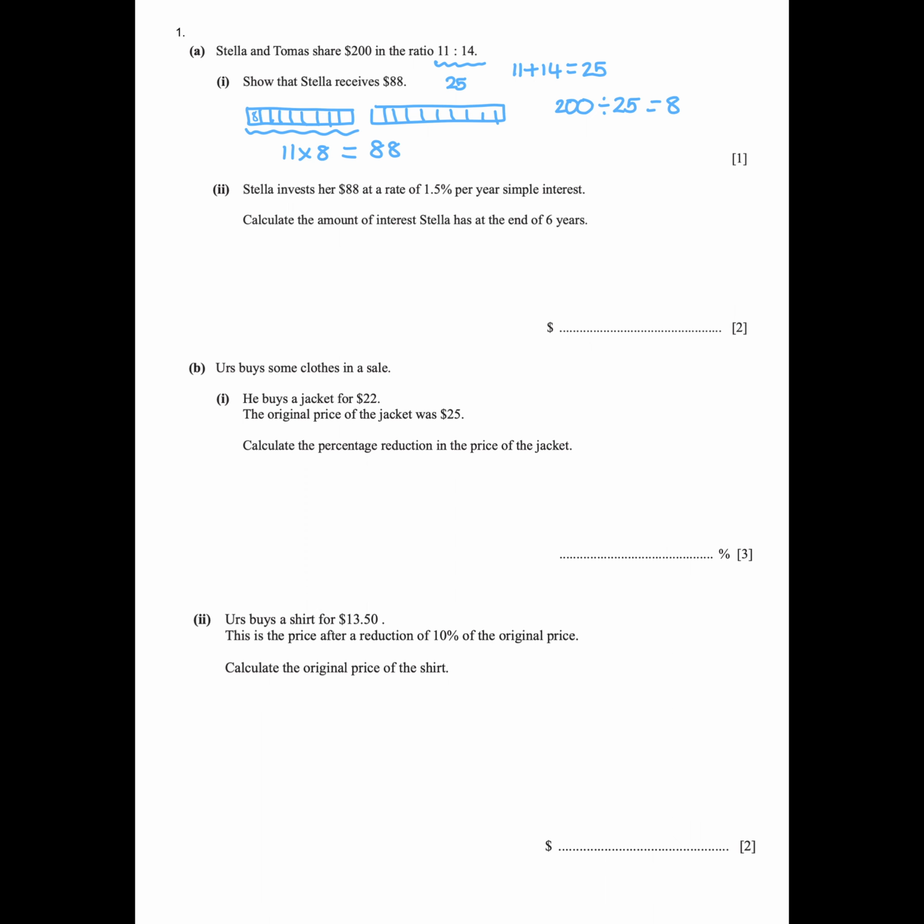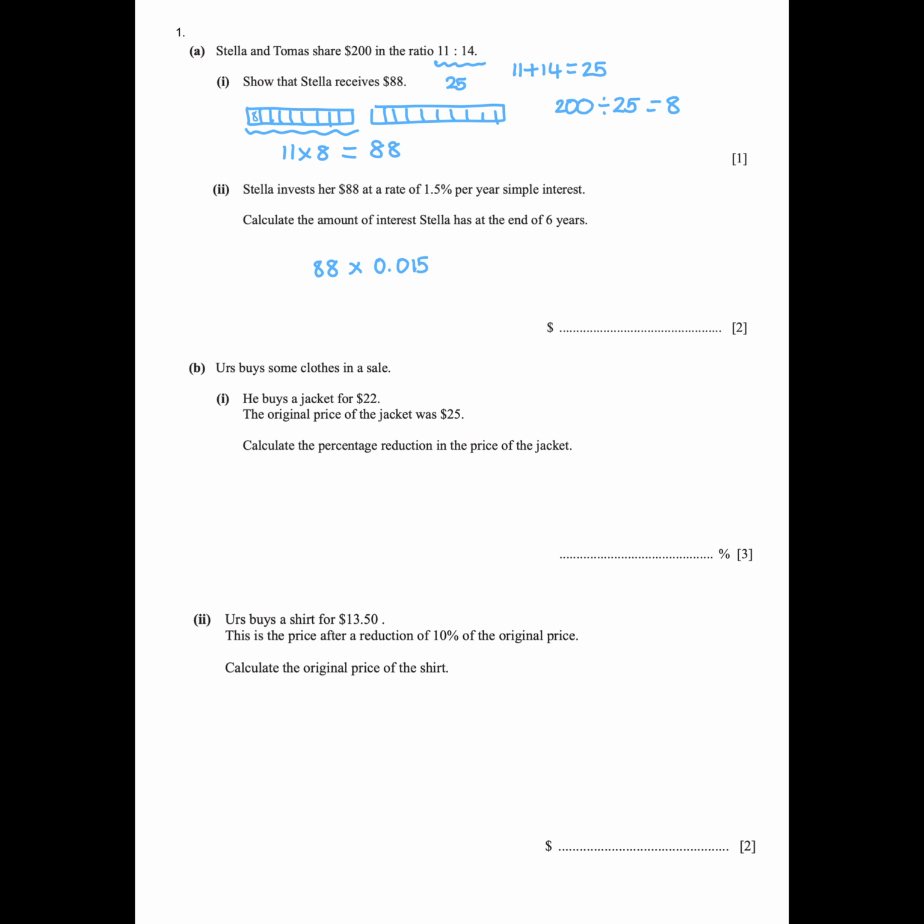For the second part, it says that she invests her $88 at a rate of 1.5% per year, simple interest. So if it's simple interest, we know that we just do the PRN. So the principal amount, the starting amount, is 88. The rate of interest is 0.015, so 1.5% divided by 100 is 0.015.